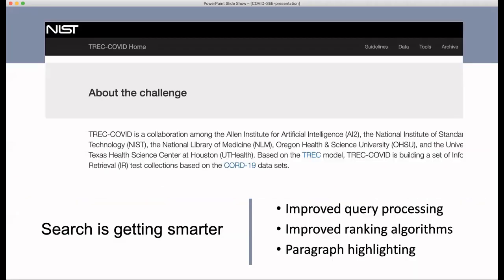Along the way, there's also been extensive interest from the information retrieval community directly.